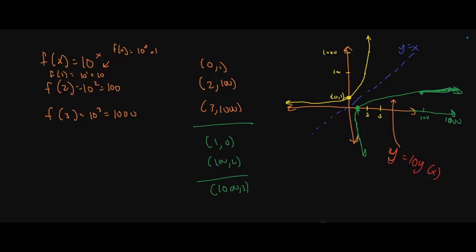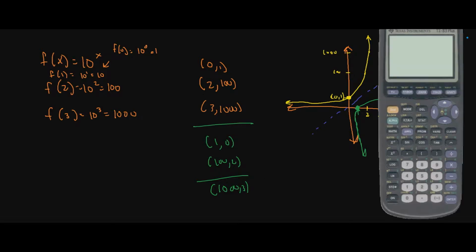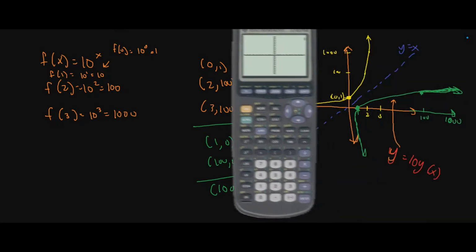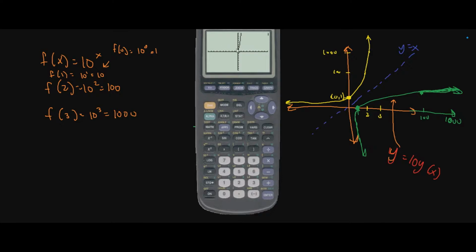Let's look at this real quickly. Here's my graphing calculator. Let's plug in y is equal to 10 to the x, and let's plug in log of x. You're going to see that we basically get the exact same thing that we drew. There it is, y is equal to 10 to the x, and y is equal to the function we were looking at.